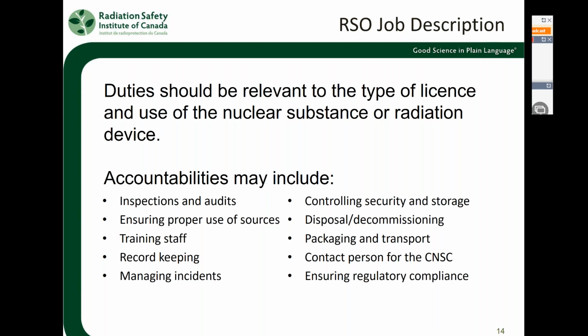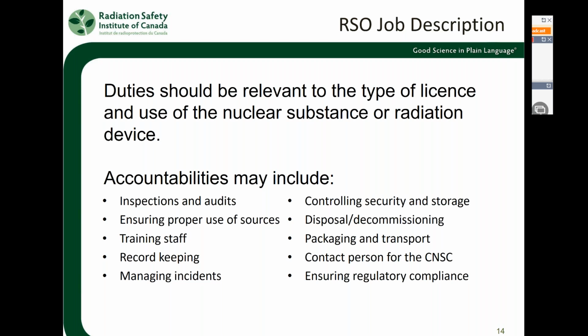Reg Doc 1.6.1 gives some examples of what different jobs the RSO might do. So you'll want to head over to Appendix C of Reg Doc 1.6.1, and that'll list off quite a few duties that the Radiation Safety Officer is expected to perhaps carry out.